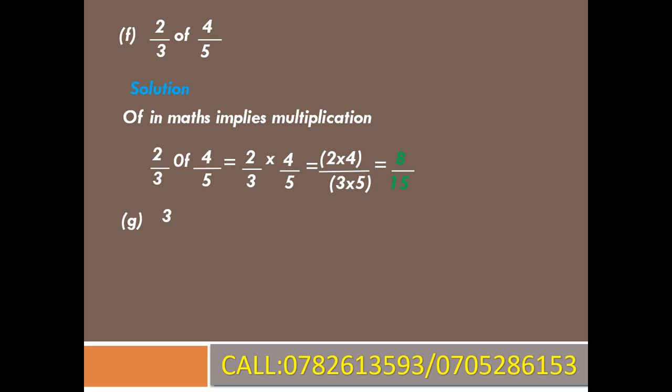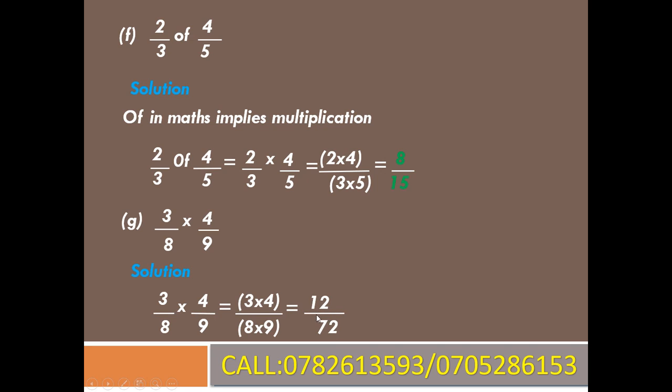Question 7, 3 out of 8 times 4 out of 9. What do we do? Multiply the upper numbers together. So I can multiply 3 times 4 out of 8 times 9. So that gives us 12 out of 72.